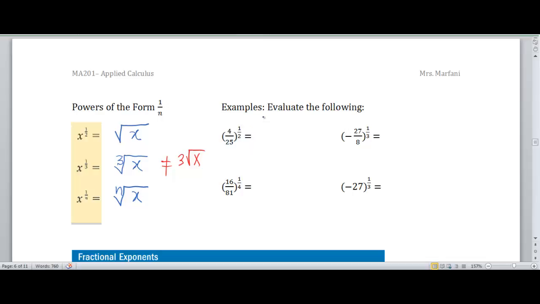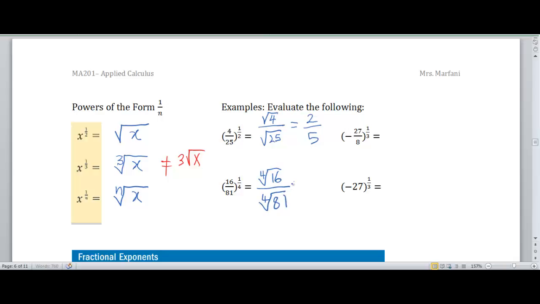Now we're going to combine these roots with our exponent laws. So 4 over 25 raised to the 1/2 is, again, 4 to the 1/2, which is the square root of 4, divided by 25 to the 1/2, which is the square root of 25. Square root of 4 over square root of 25 is 2/5. Okay. 16 over 81 raised to the 1/4, that's the 4th root of 16 over the 4th root of 81.